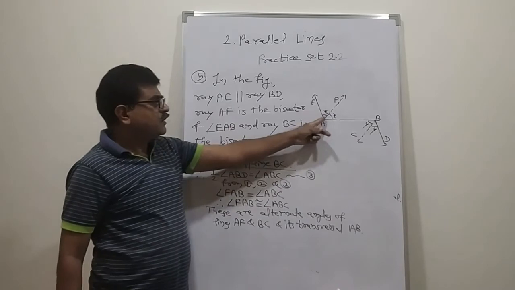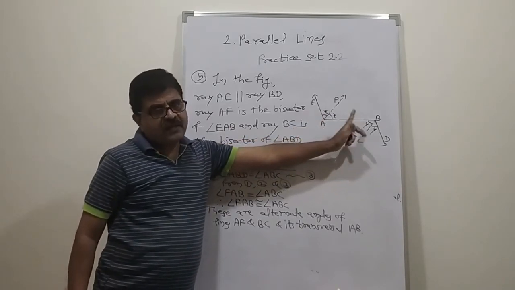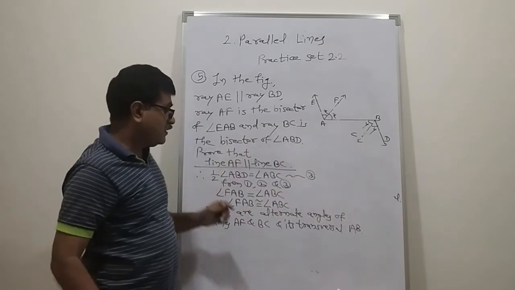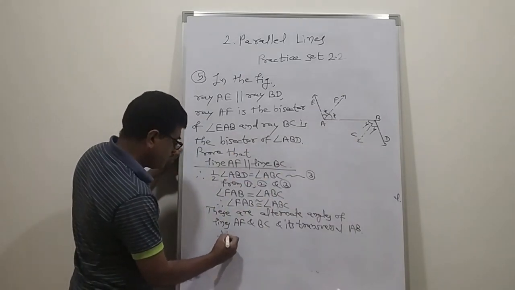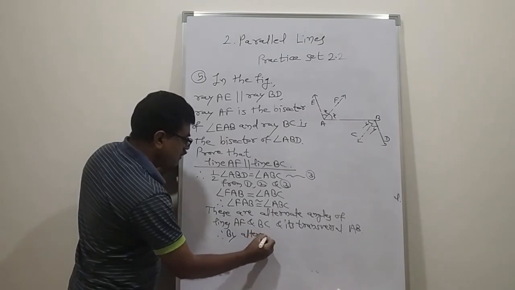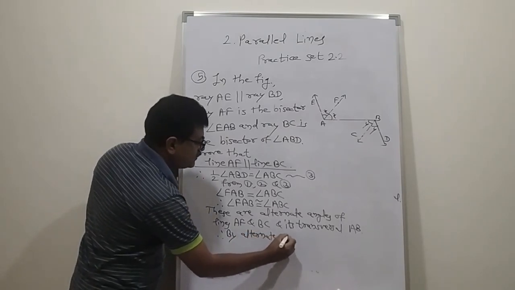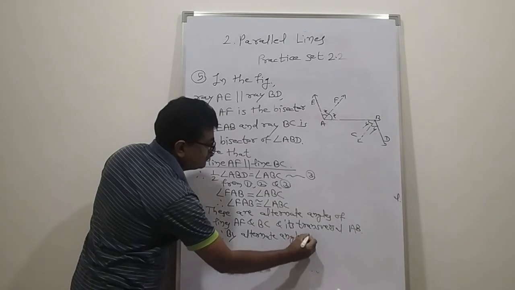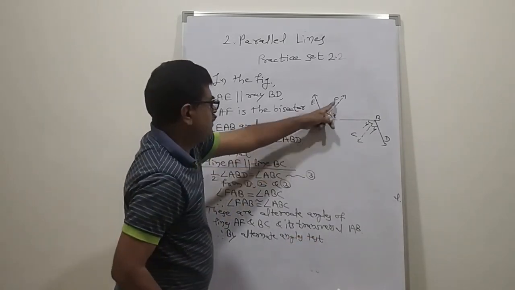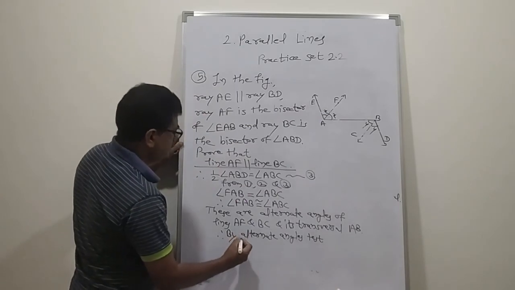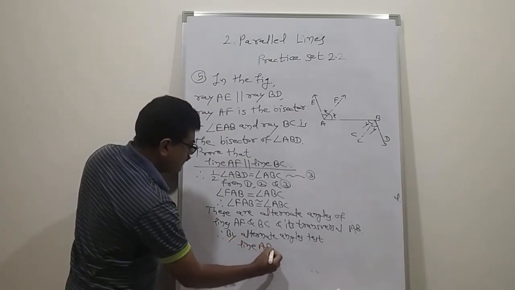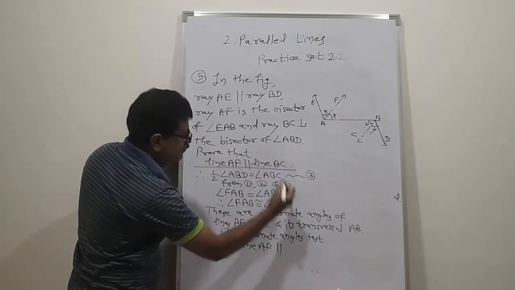That is, alternate angles are congruent. Therefore, by the alternate angles test, line AF is parallel to line BC.